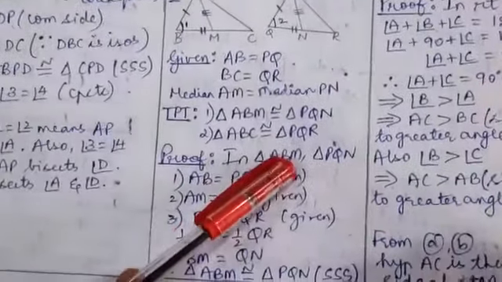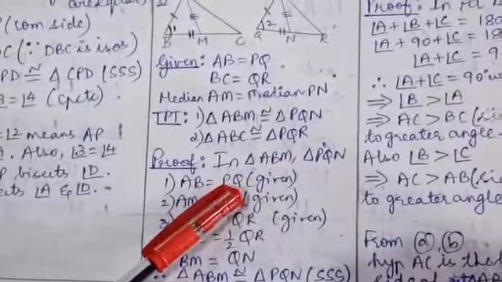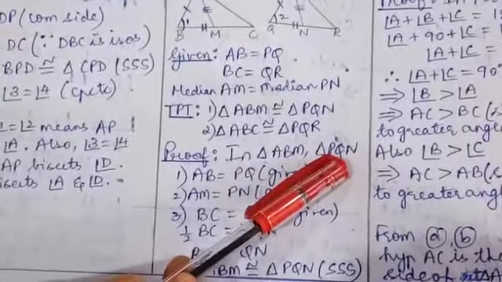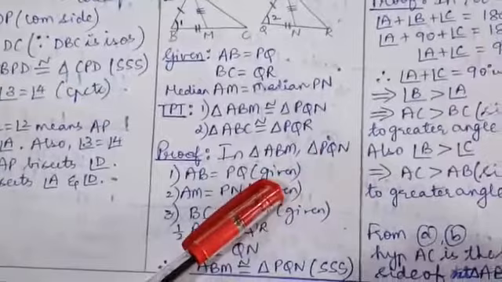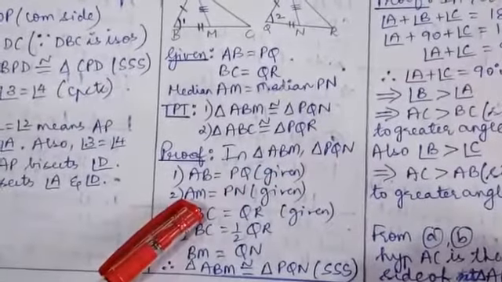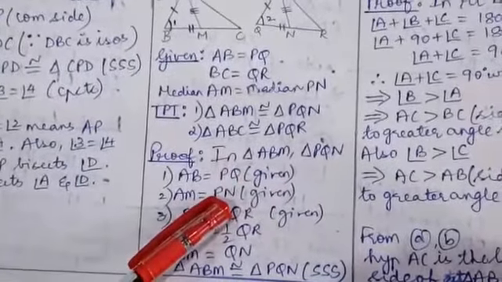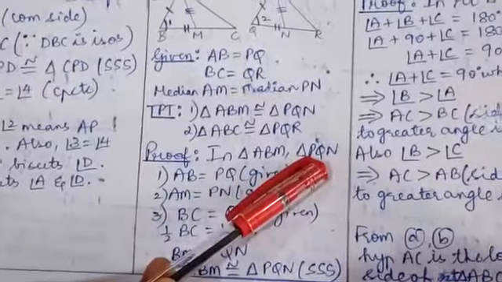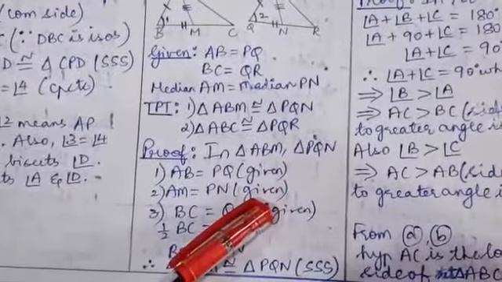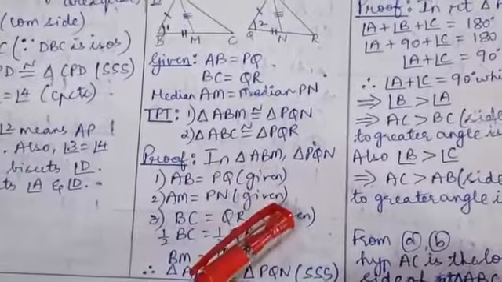AB of triangle ABM is equal to PQ of triangle PQN is given to us. AM of triangle ABM is equal to PN of triangle PQN is also given to us. Now we need one more piece of information.